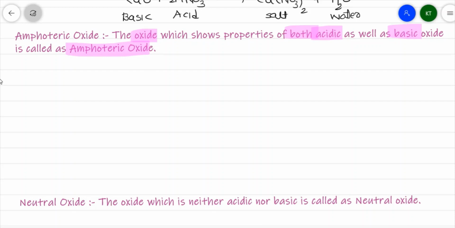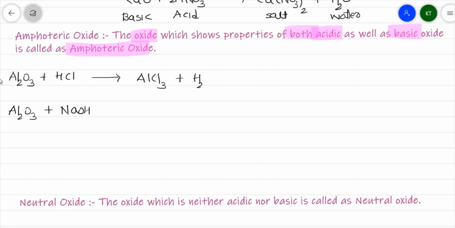We have aluminum oxide, Al2O3. I react this with HCl, and Al2O3 I react with NaOH. So when Al2O3 reacts with HCl, it gives me AlCl3 as a salt and water. So here HCl is an acid, I got salt and water.